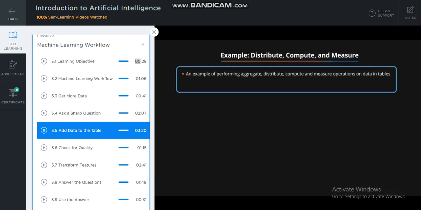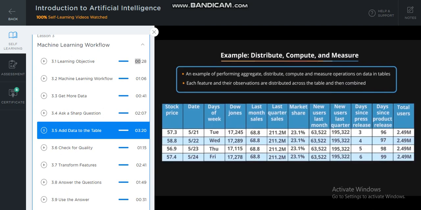This is an example of performing aggregate, distribute, and compute and measure operations on data in tables. The aggregates are the date, day of the week, and Dow Jones columns. The distributes are each feature and their observations, which are distributed across the table.